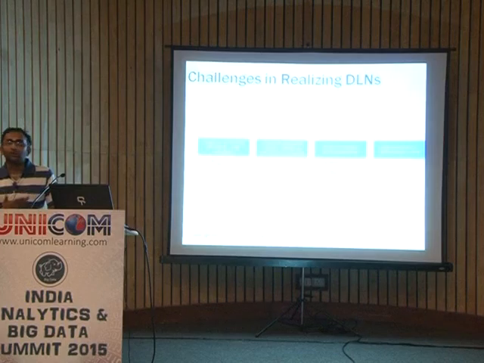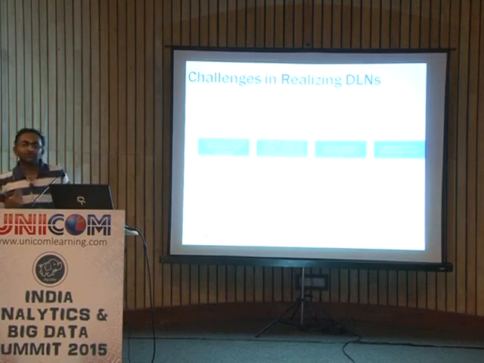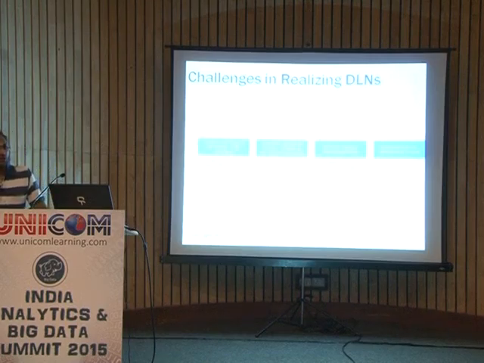For example, Google, who have demonstrated the cat learning deep learning network, which learned to identify images of cats, had about 16,000 cores in their network, and it still took them 3 days to actually train that network. That's a lot of time for training. So that's what I'm saying: the computational complexity is overwhelming. That's what has motivated us to look at a distributed implementation of these deep learning networks.